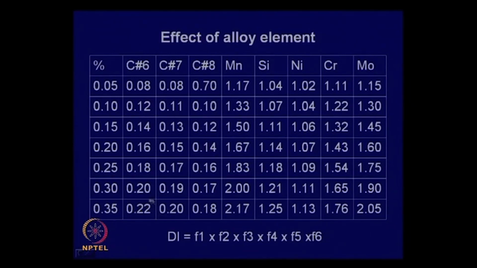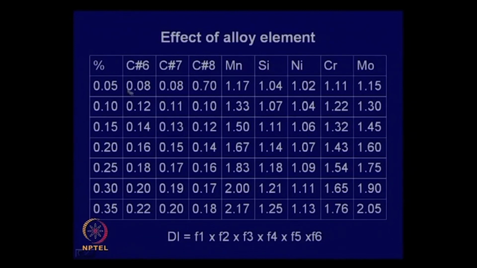This is the hardenability factor. Say 0.22 is the factor for the coarser grain, whereas here it is 0.18. That means up to 0.22 inch you get a proper hardness, whereas in this case up to 0.18 inch if your grain size is fine.